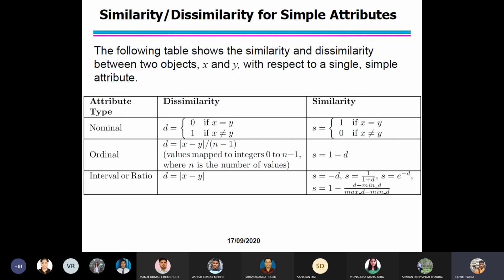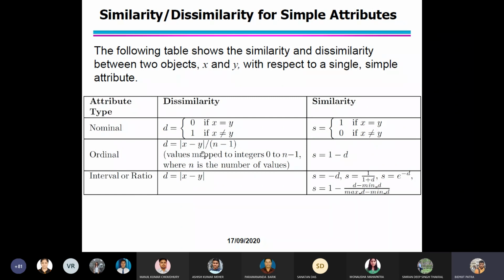So small we can indicate as 0, medium as 1, and large as 2. So the values are mapped to integers 0 to n minus 1, where n is the number of values. We have 3 different values, so we are mapping from 0 to 2.